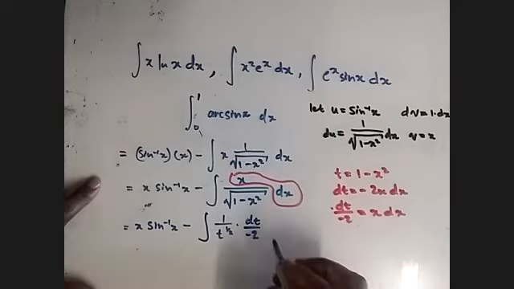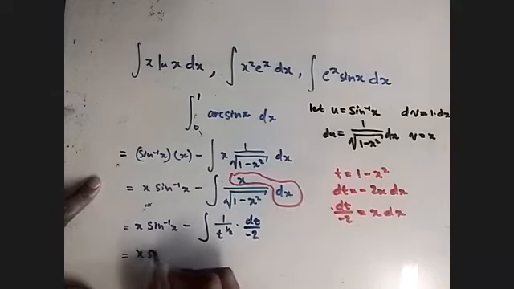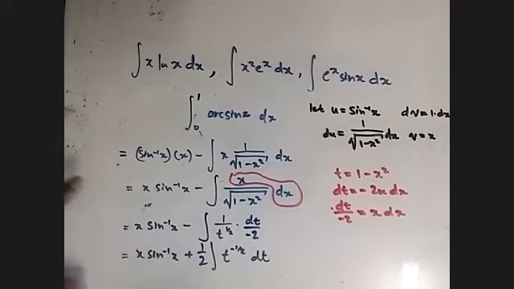Which we're going to take out, 1 over negative 2, so we're going to have x arc sine x plus 1/2 integral 1 over t to the power 1/2 dt, because we know that we can write this as t to the 1/2. Are we fine with that idea, guys? If you've got any question, please do let me know.